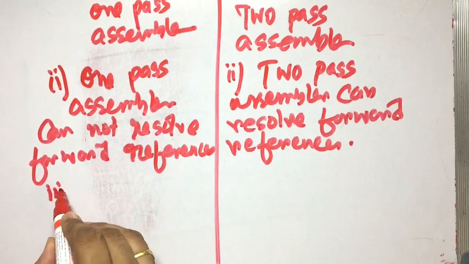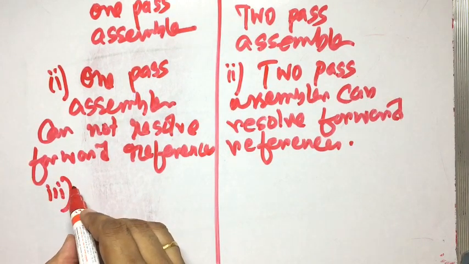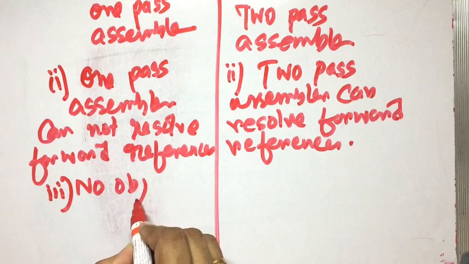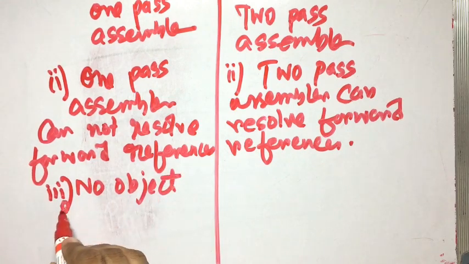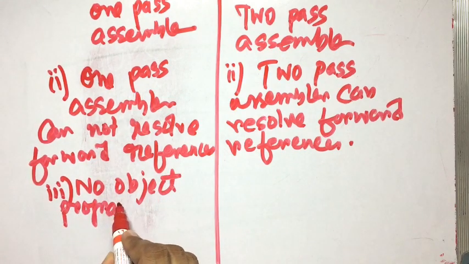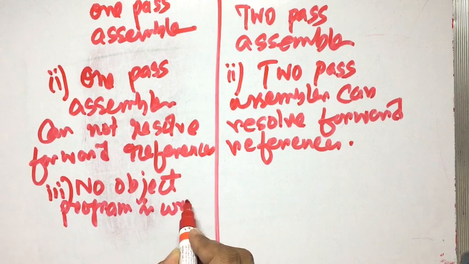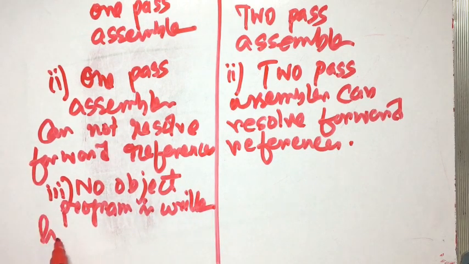Next, the third difference. In a one pass assembler, no object program is written. Hence, no loader is required.